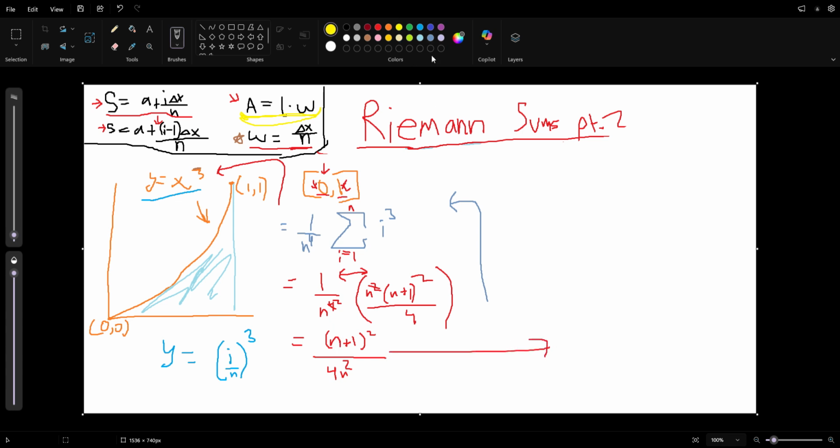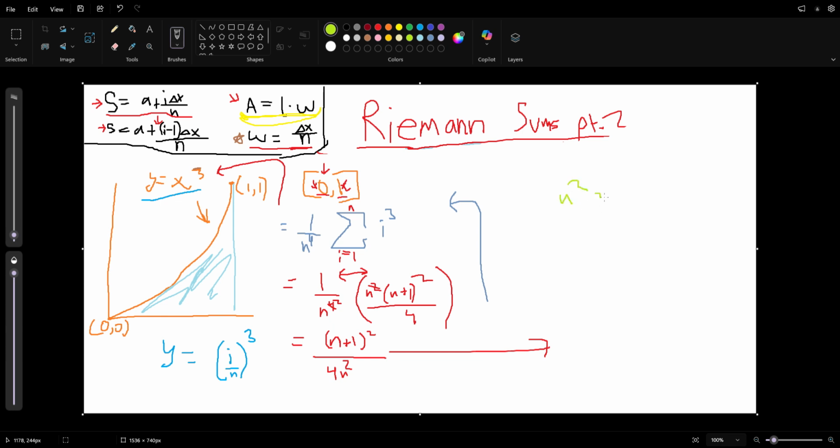So bringing this equation to the right, we will be attempting to make this cleaner. To do that, we will be expanding n plus 1 whole squared.